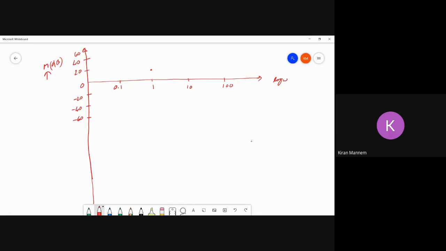What could be the value of the magnitude? So at omega equal to 1, your magnitude is 15.56 dB. So at omega equal to 0.1, what could be the value? Here we mentioned this as a minus 20 dB per decade line.